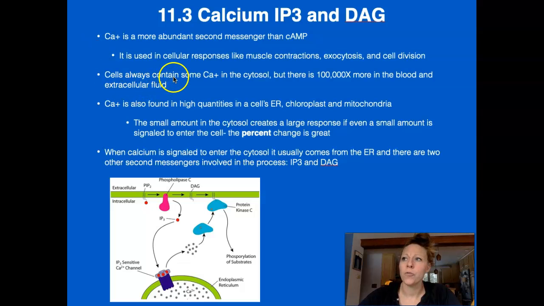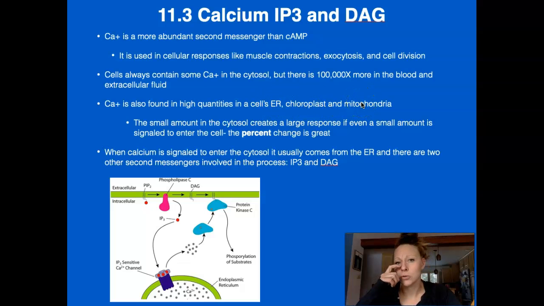And so we know from talking about nerves that there's always some calcium inside of a cell, but there's always a lot more on the outside of a cell, in the bloodstream and in the extracellular fluid. There's also lots of calcium in the endoplasmic reticulum, in the chloroplasts, and in the mitochondria. So there's lots of calcium found in specific organelles.